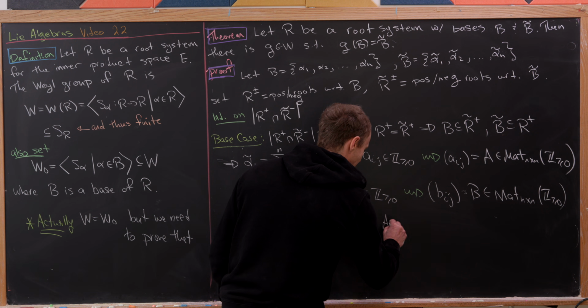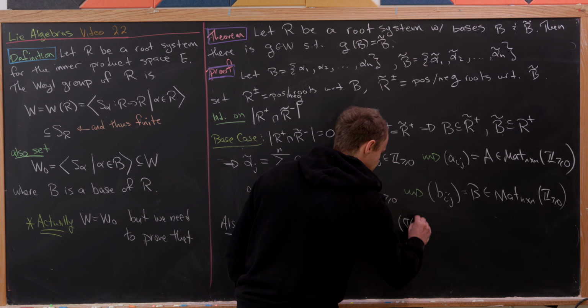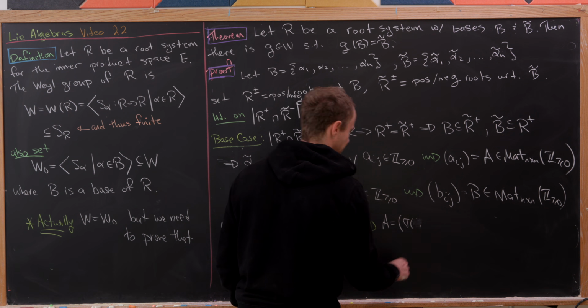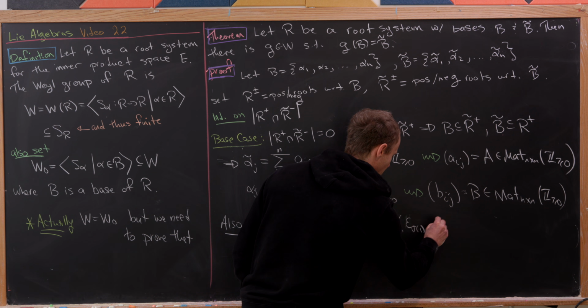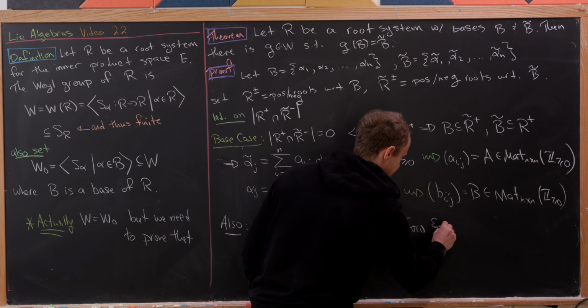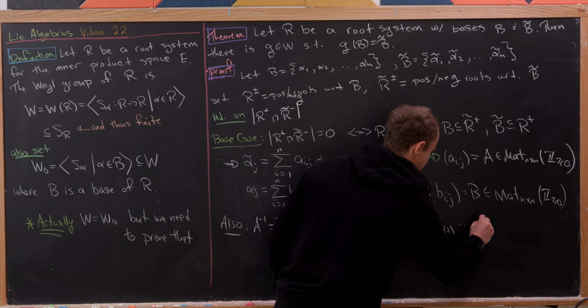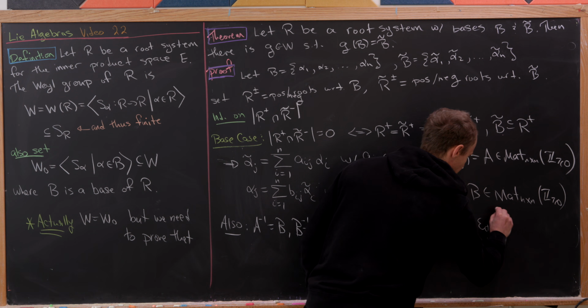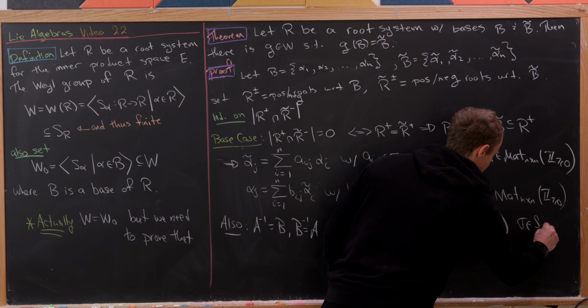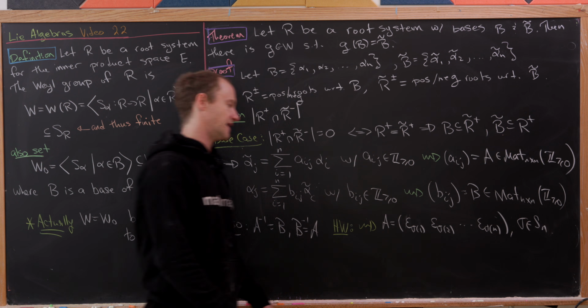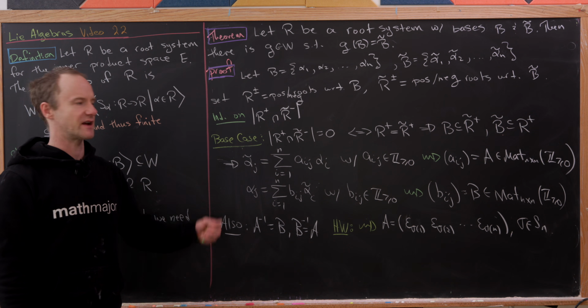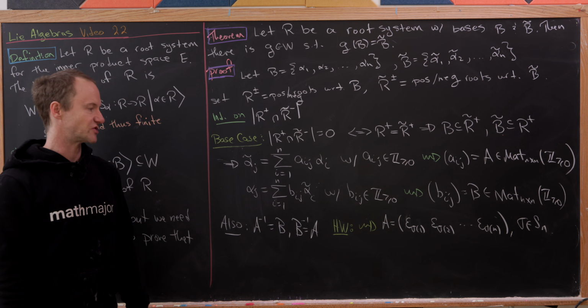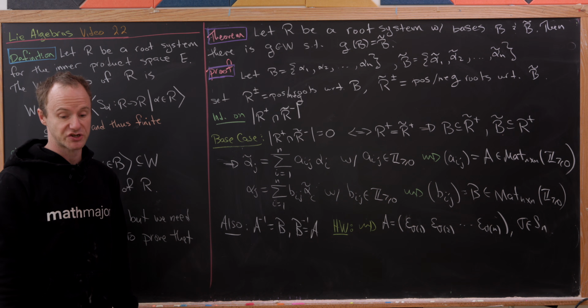So in other words, A is equal to this matrix made up of the vectors epsilon sigma 1, epsilon sigma 2, all the way up to epsilon sigma n, where sigma is an element of S_n, where those are just like vectors building the matrix. That's what it is to be a permutation matrix.